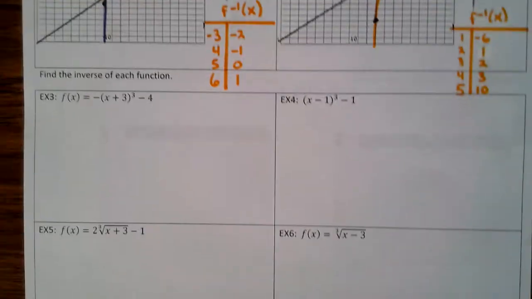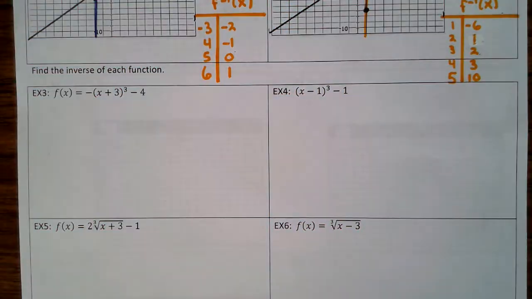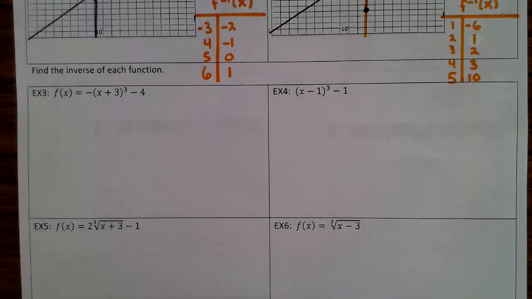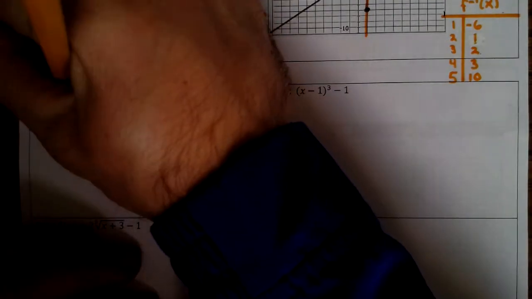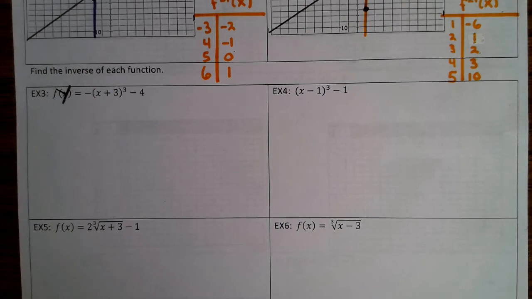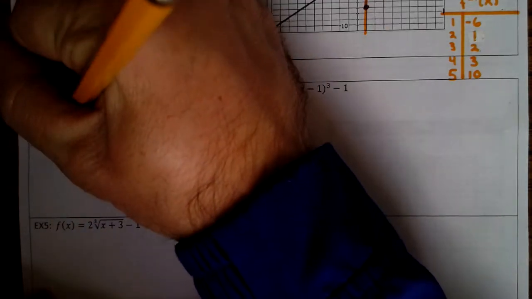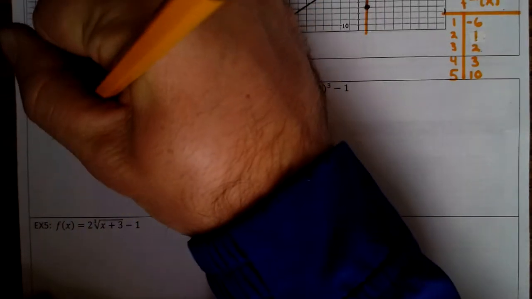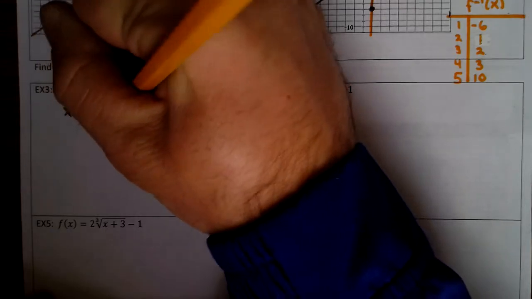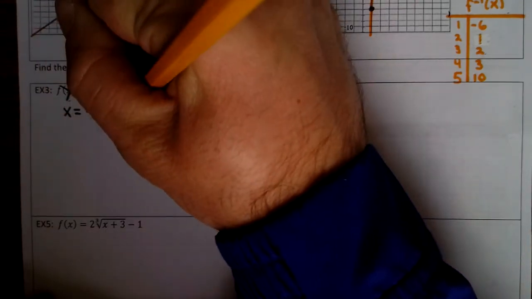All right, so the first thing you want to write is f of x is y. Okay, and then you want to switch the x and y. So x equals negative parentheses y plus 3 cubed minus 4. Okay, next step is add 4 to both sides.